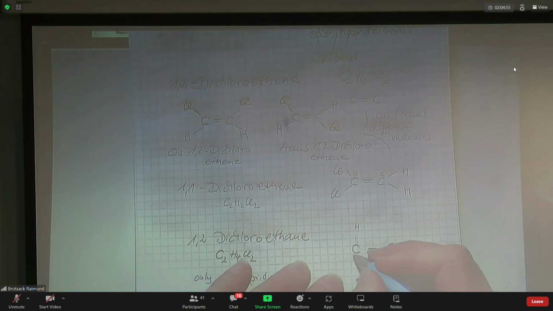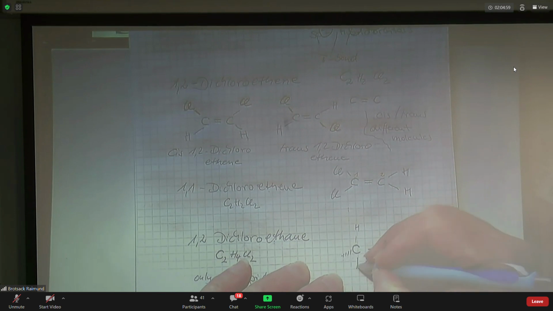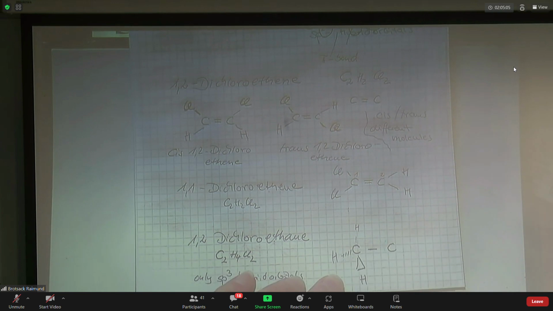Then we have one looking into the back and one out of my plane. I tried to show that tetrahedral structure, and here we have one in the plane, and we have one out of the plane to the back.